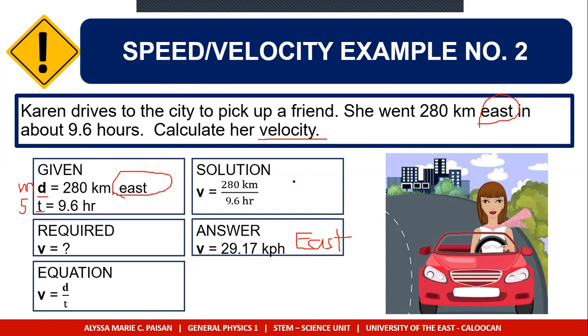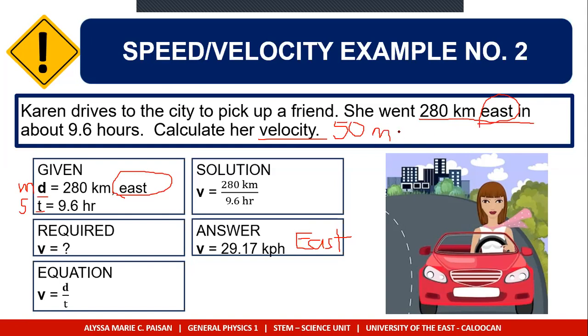Because there are two possible reasons why you should convert. Number one, if instead of just one displacement, 280 kilometers, there is another displacement with different units. So let's say that instead of Karen just going through 280 kilometers, she also went 50 meters. So they have different units.